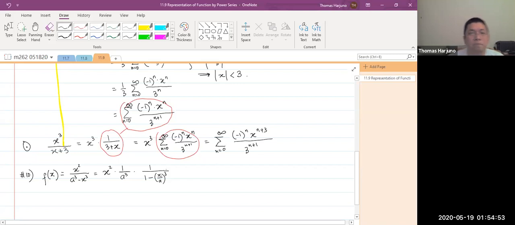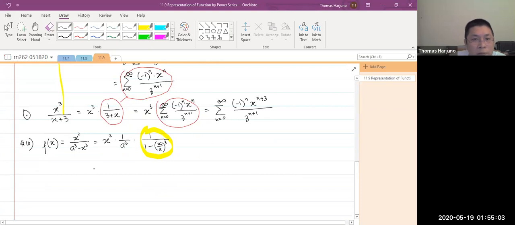Is it right? Now then, this is the thing I develop further as the power series. So I get x squared over a cubed, the series from 0 to infinity of (x over a cubed) to the n.